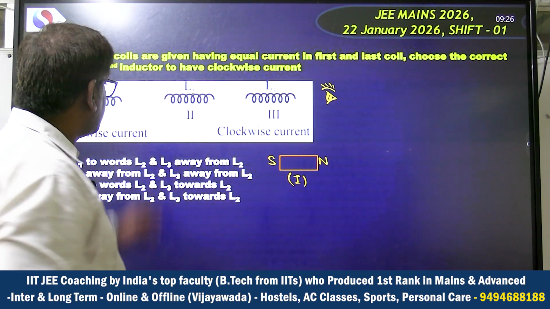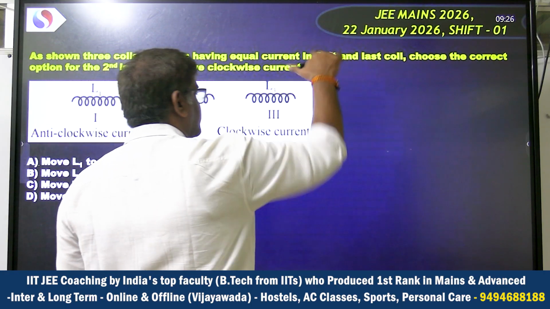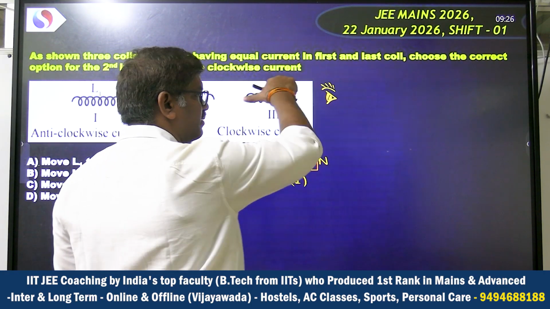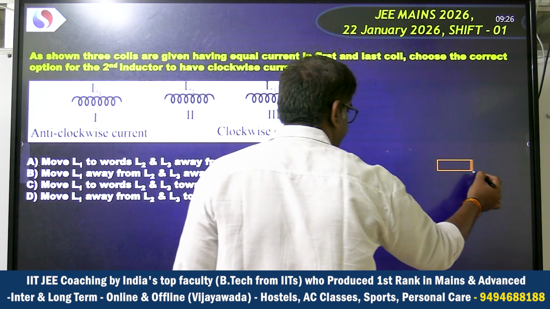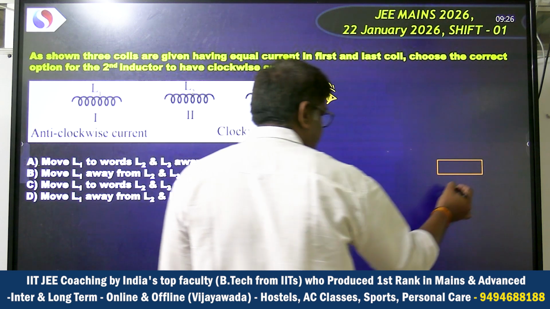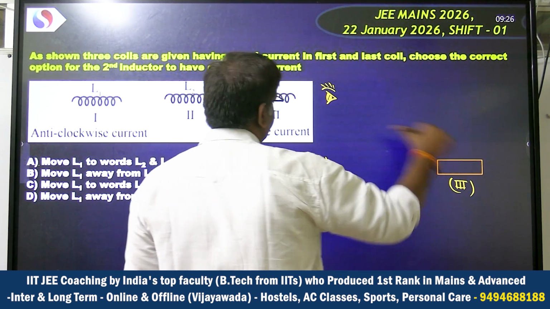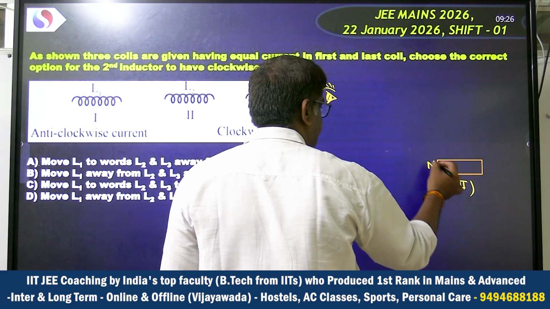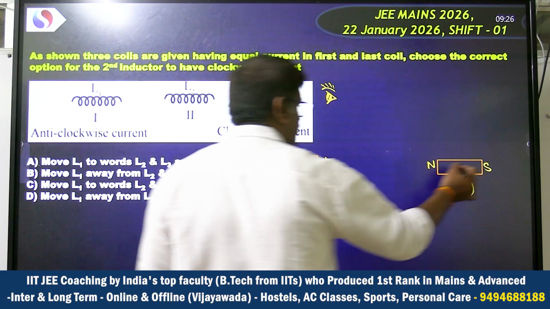While for this observer, if the current is clockwise, the magnetic moment is in this direction. So if I want to replace this L3 with a magnet, then for the corresponding magnetic moment, this should be my north and this should be my south, so that I get the magnetic moments like this.